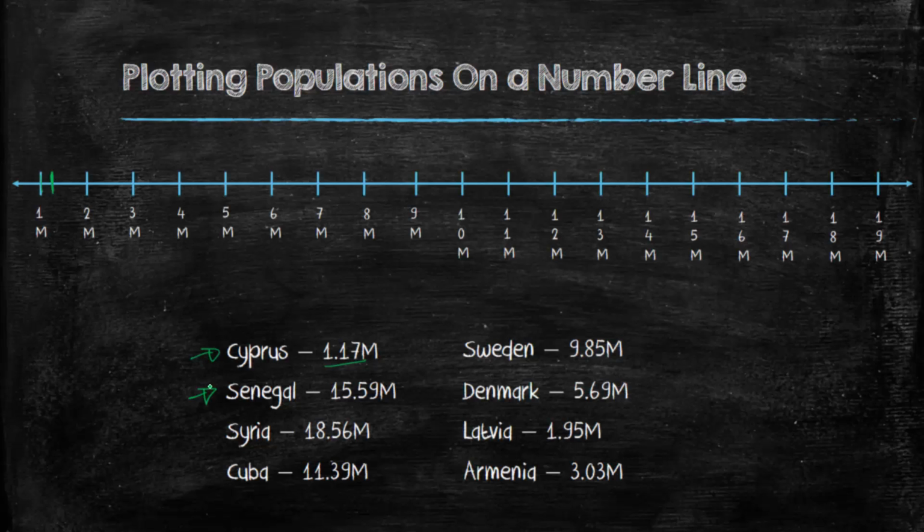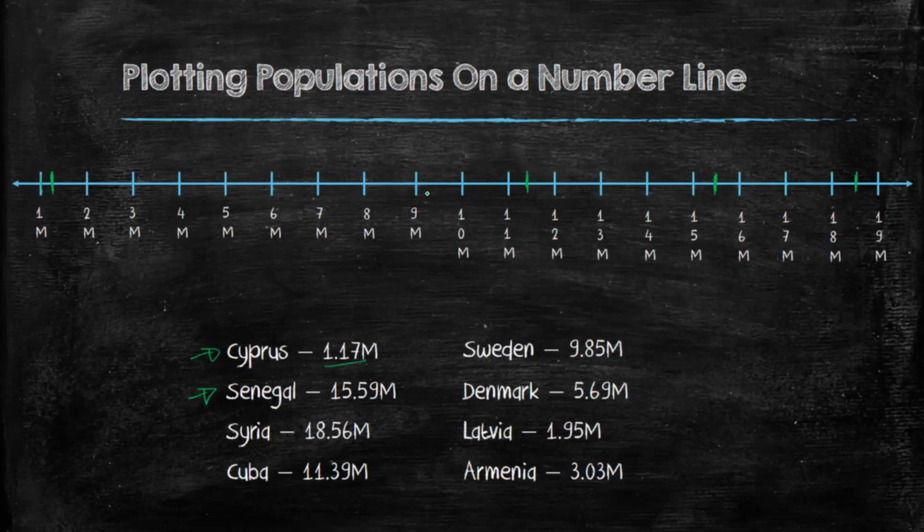Senegal is at 15.59 million, so almost 15.6. This is 15, this is 16. 15.6 would probably fall around here. Syria, 18.56 would probably fall around here. Cuba at 11.39 would probably fall around here.